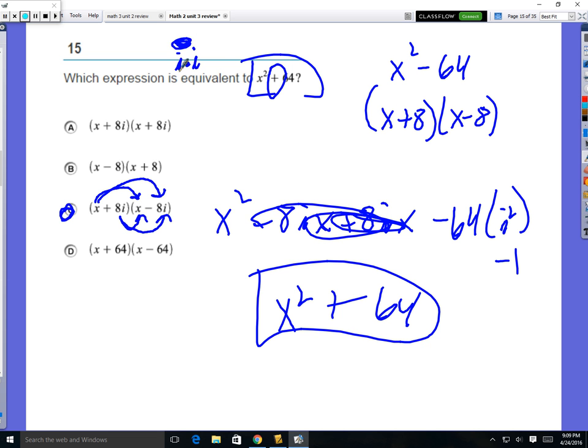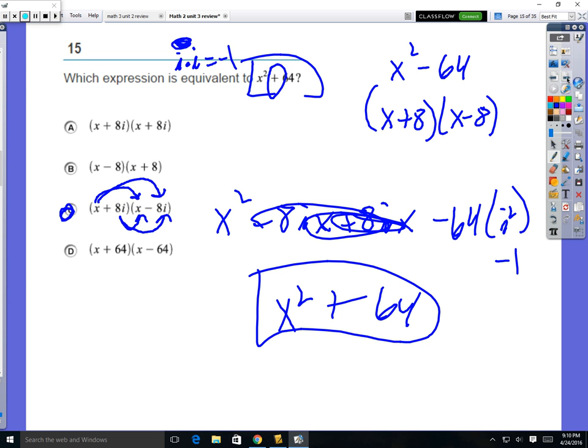You have to remember, an imaginary times an imaginary is going to be a negative 1. So then you've got negative 1 times another negative, because they've got a positive and a negative. And that's how they get these middles to cancel out.